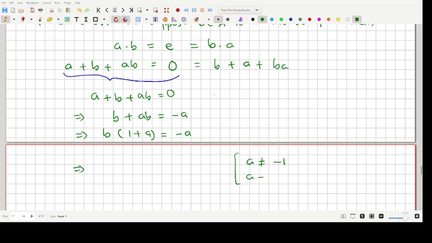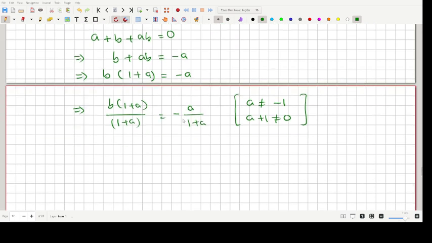Now notice that a is not equal to negative 1, right? So a plus 1 is not equal to 0, so we can legally divide this entire equation by 1 plus a. So b multiplied by 1 plus a divided by 1 plus a is equal to negative a by 1 plus a, right? And we shall get from here that b is equal to negative a upon 1 plus a, and that, my friends, is the inverse.